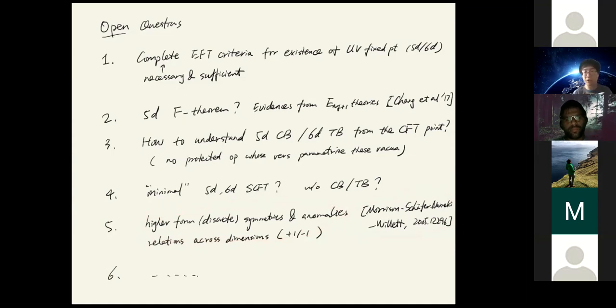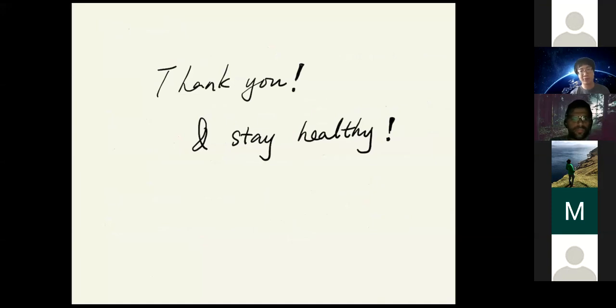In particular, it would be interesting to understand anomaly matching upon compactification by one dimension, rather than on a Riemann surface, for example anomaly matching between 6D on the circle and 5D. Then we can maybe use the many results for 6D anomalies to understand 5D anomalies, which is not possible for the traditional anomalies, but maybe for the higher-symmetry anomalies. With that, I'll end. Thank you for listening, and please stay healthy.